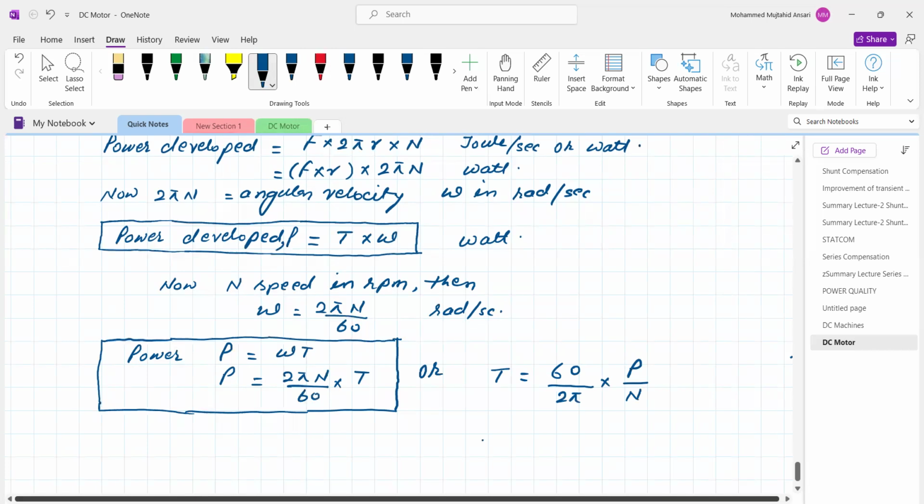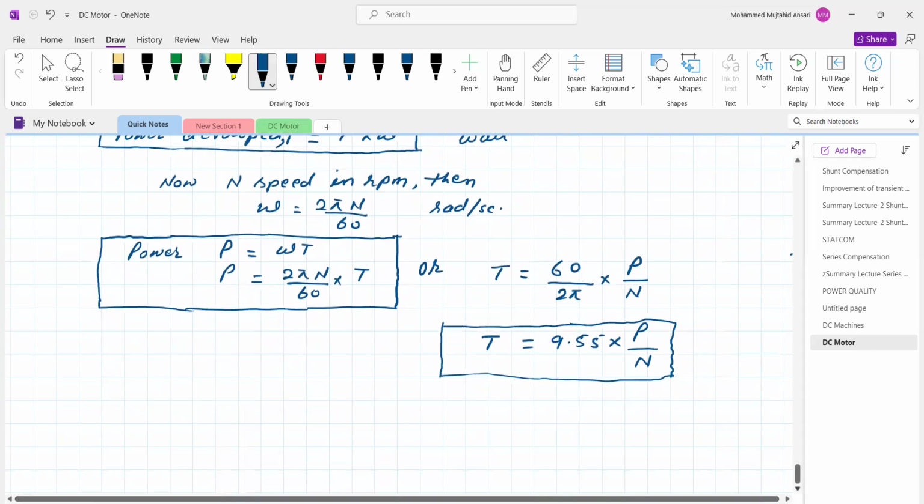And therefore, torque is equal to 9.55. If you put the value of twice pi and 60, it is equal to P upon N, where N is the speed in RPM and P is the power output.